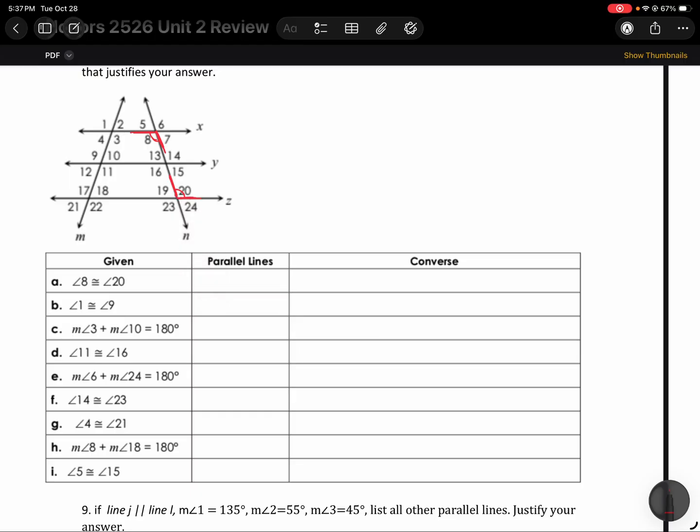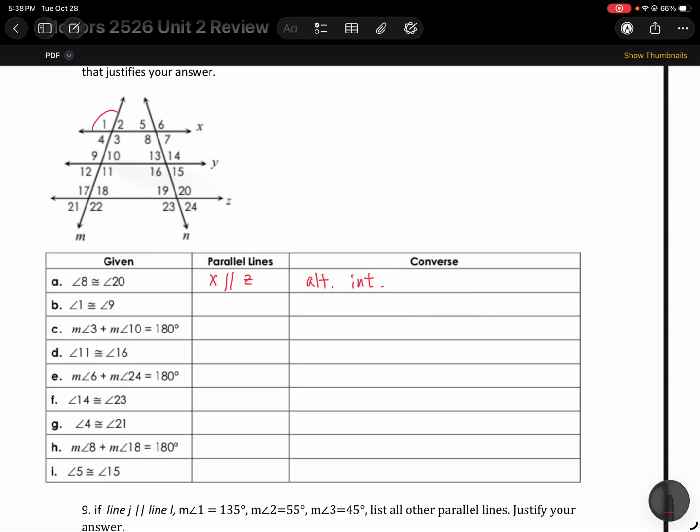So out of the 3 lines that these angles are on, looks like x and z are parallel. So I know 8 and 20 are parallel because they are alternate interior angles. And that's pretty much it.